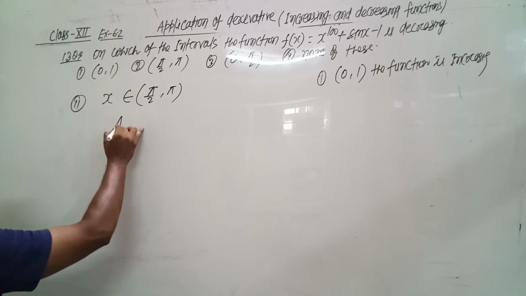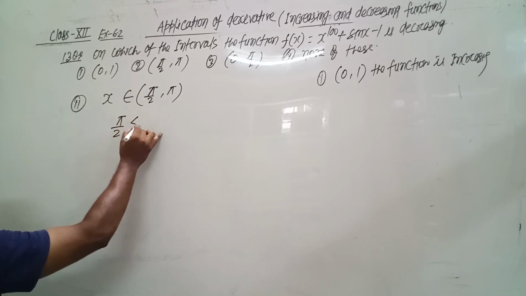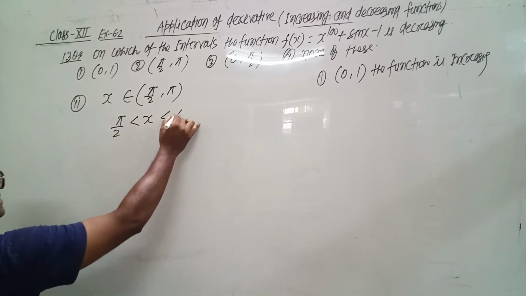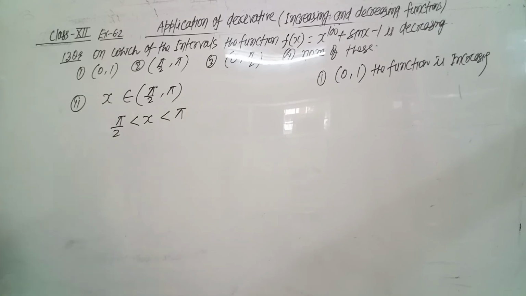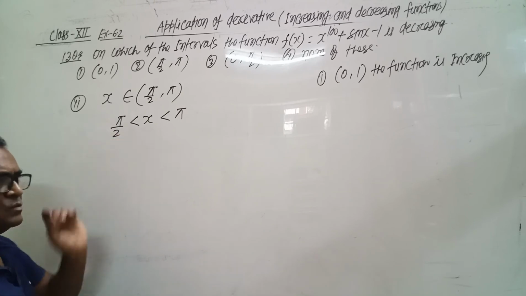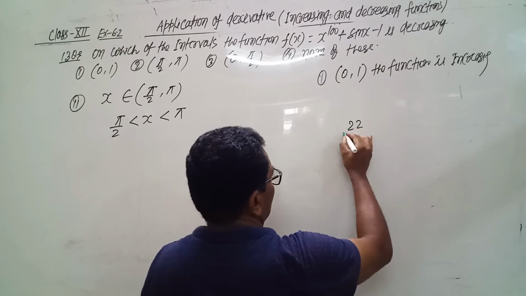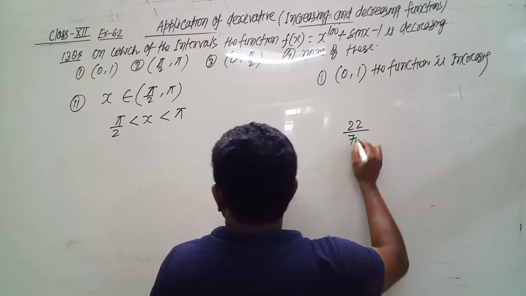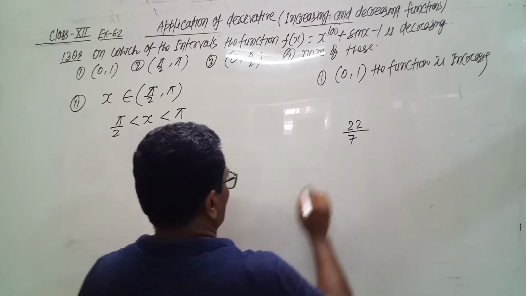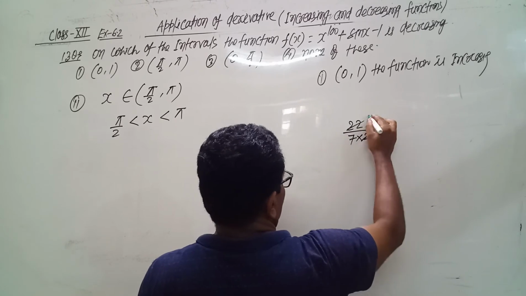It means pi by 2 is less than x is less than pi. What is meant by this? Pi by 2: the value of pi is 22 by 7, and divided by 2 gives 11 by 7.